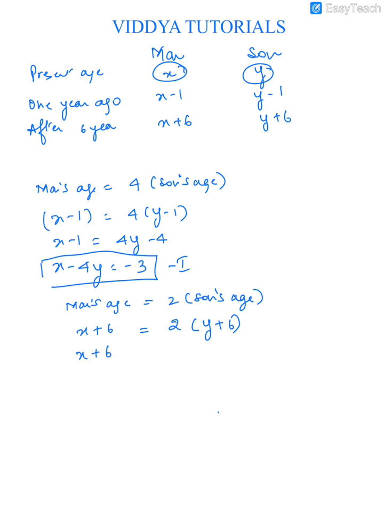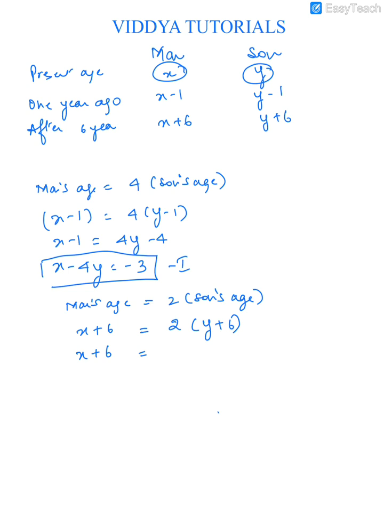So I get x plus 6 is equal to twice y plus 6, but there was another addition to it. After 6 years, his age exceeds twice his son's age by 9.